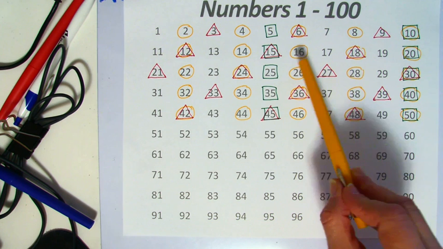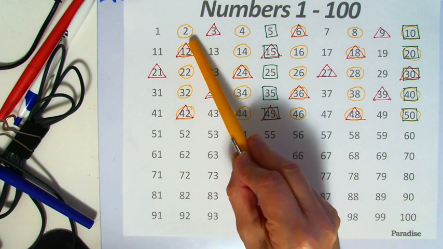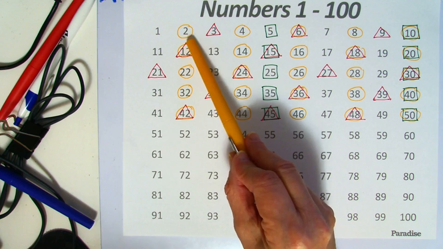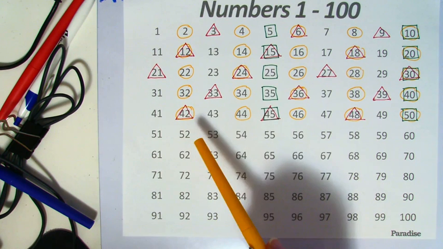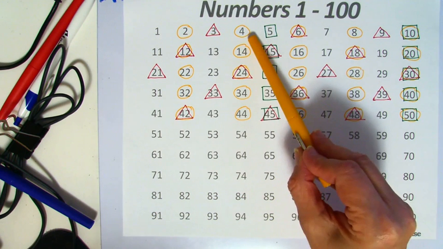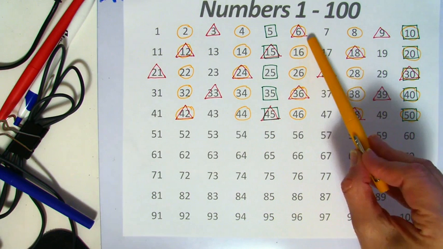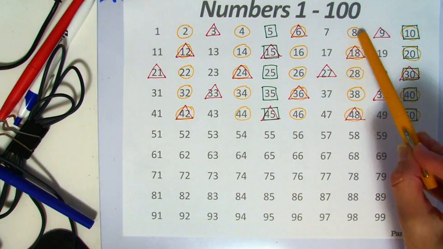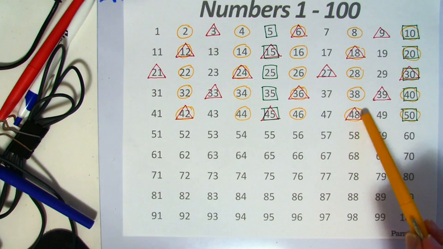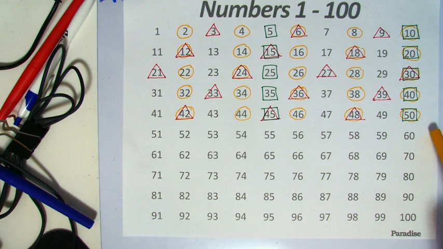Now, notice that there is a pattern for numbers that are divisible by 2. In the ones place, you'll have either a 2, as in 2, 12, 22, 32, 42, and so on, as well as 4, 14, 24, 34, and so on, as well as 6, or 8, 18, 28, 38, 48, and also numbers that end in 0, so 10, 20, 30, 40, 50, and so on.